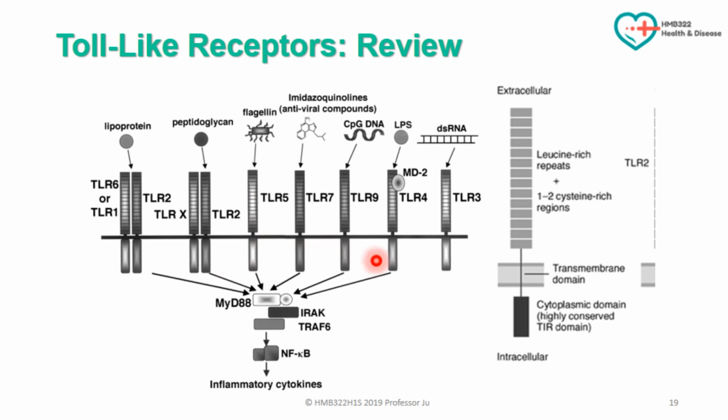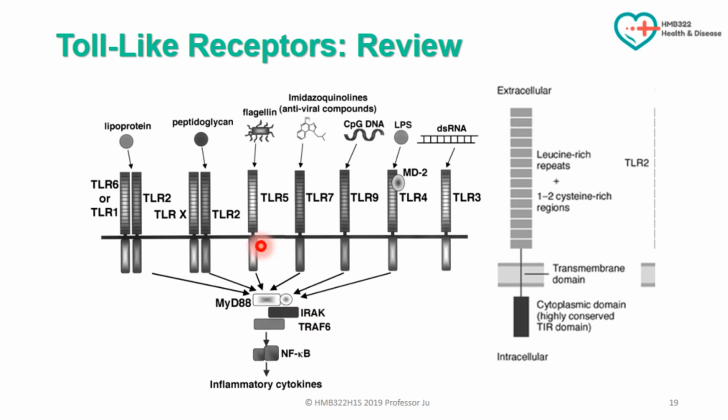It would activate MYD88. It will cause the IRAK TRAF6 pathway to be turned on, and it will in turn activate that NF-kappa B pathway and lead to the transcription and production of different inflammatory cytokines from this cell type.